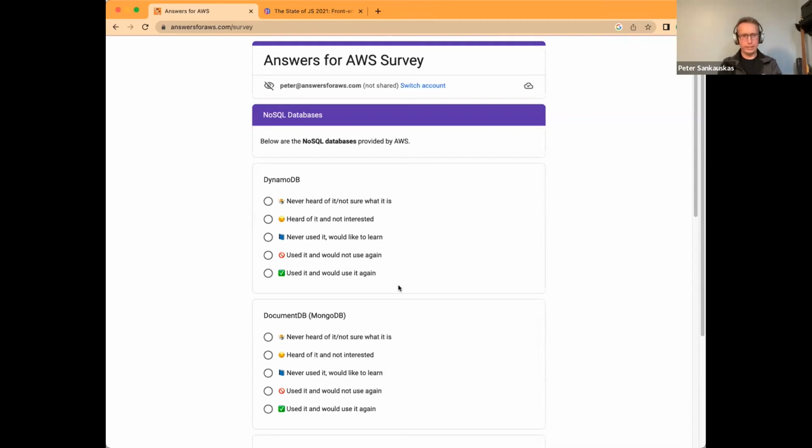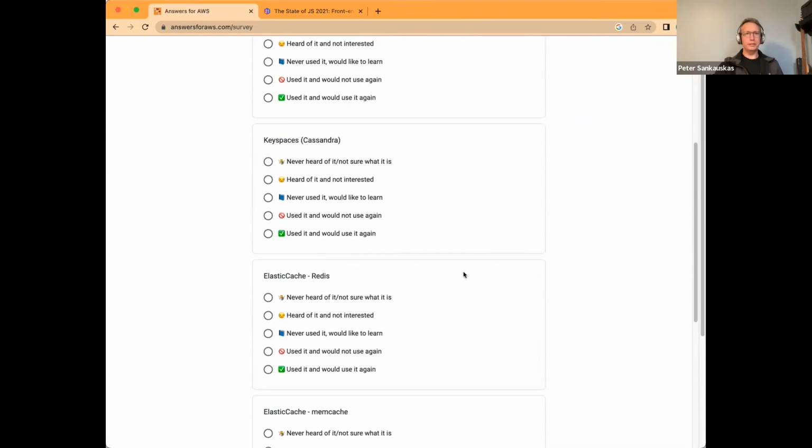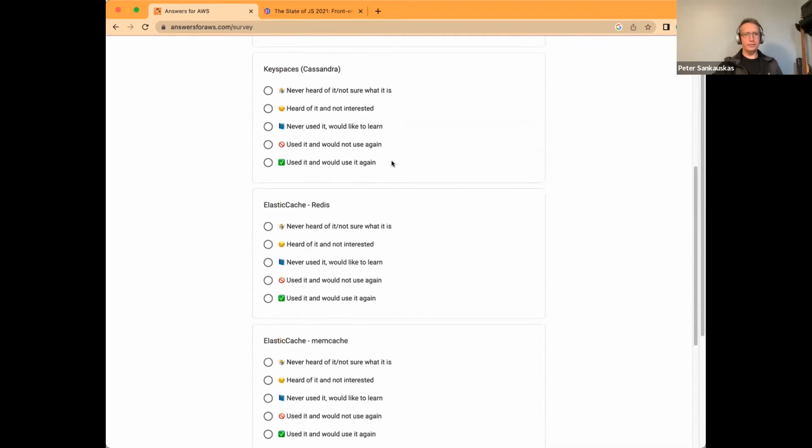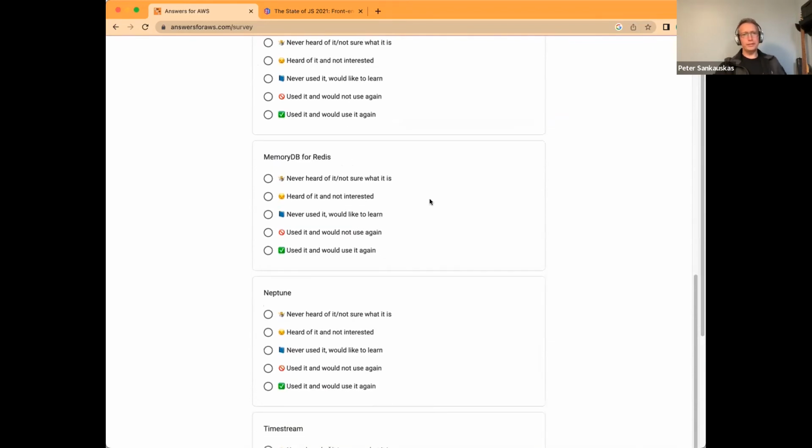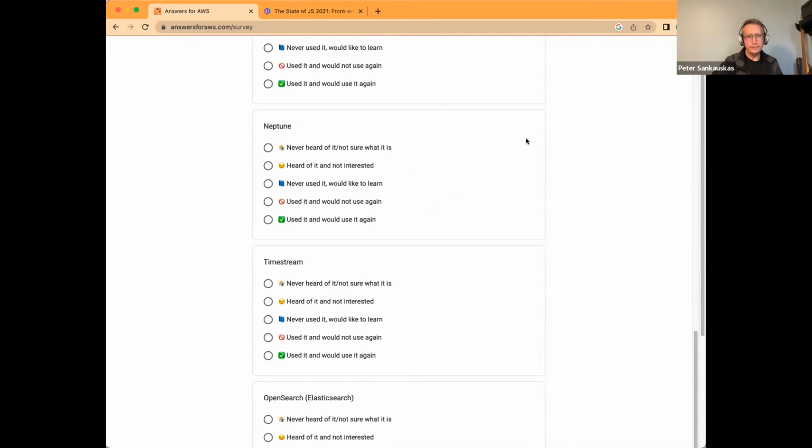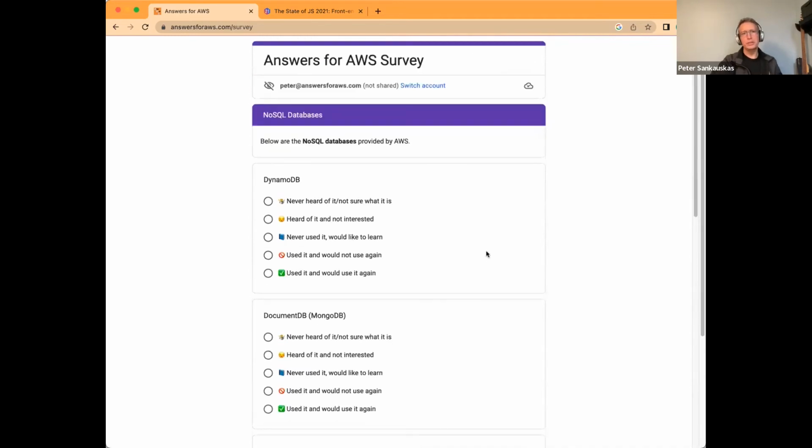And then only had the non-relational databases listed here. So Dynamo, the various other flavors, and then your graph database and your Timestream. So they're the ones that I landed on, and that was a little bit more curious.